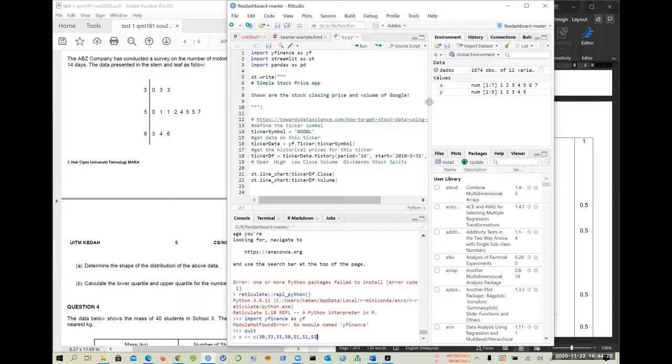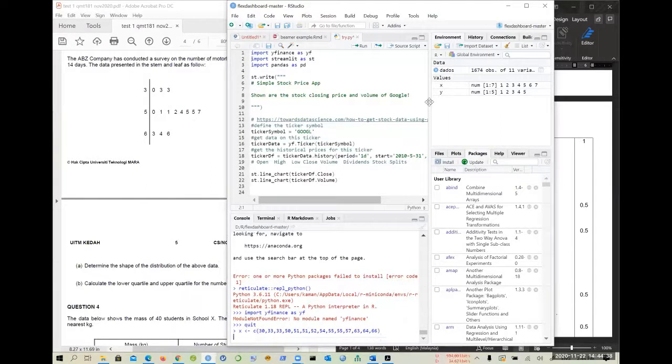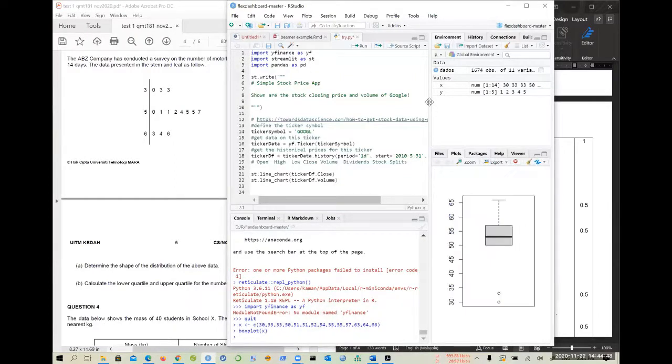And then 54, 55, 54. If you see here, so dia ada outliers kat sini kan.